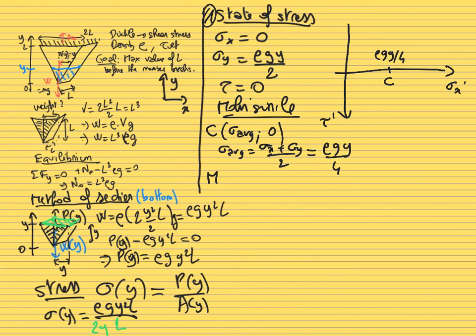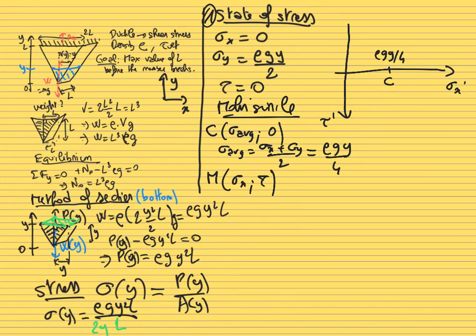Here we need to place the point that corresponds to the state of stress in the original axes x and y. So we are going to put the point M that corresponds to the original state of stress. Its position is given by the value of its normal stress along x and the value of its shear stress in the original axes xy.